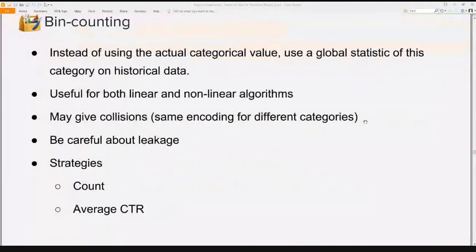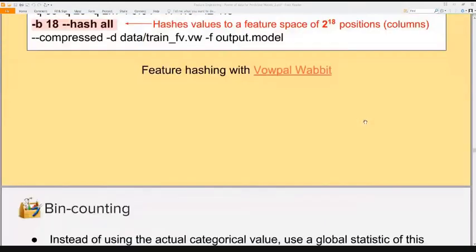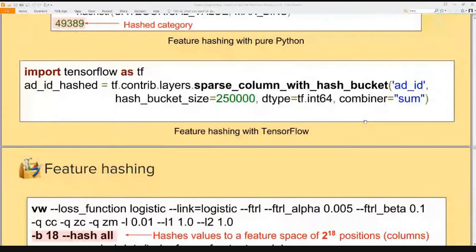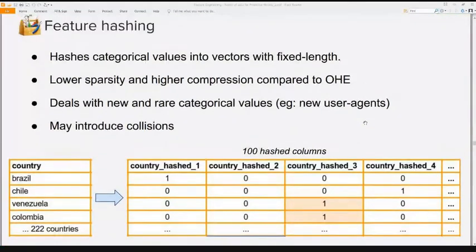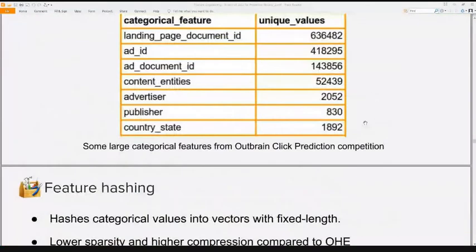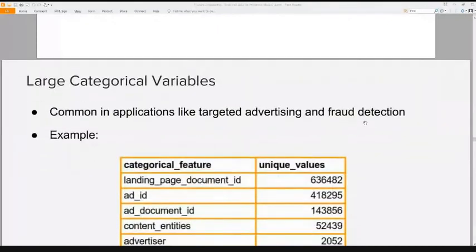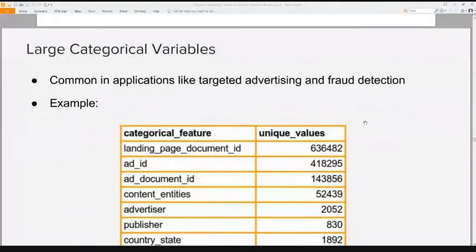So, bin counting, instead of the actual category. Then how do we deal with the collision? If you fear the collision, you can go for another way of handling the categorical variables.